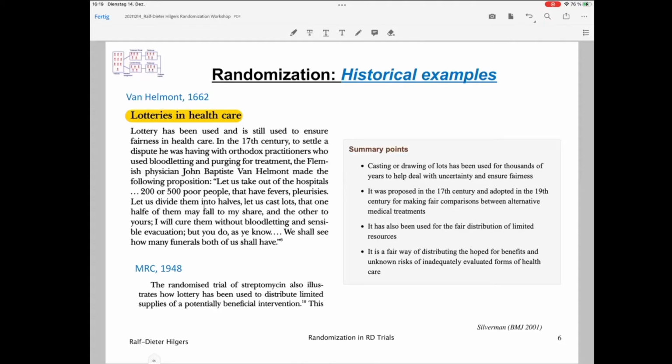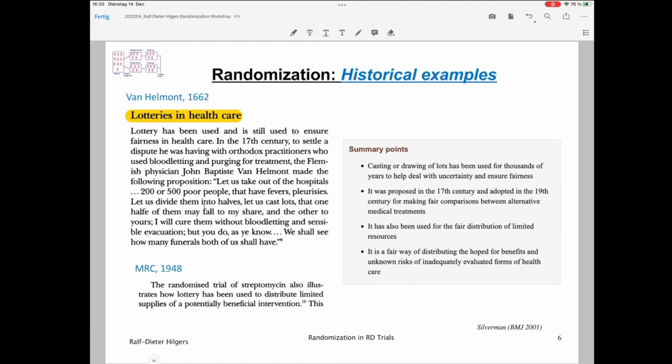So the Flemish physician, Jean-Baptiste van Helmont, suggested in the 17th century: let us take out of the hospitals 200 or 500 poor people that have fever, pleurisy, and let us divide them into halves. Let us cast lots that one half of them will fall into my share and the other in yours. I will cure them without bloodletting and sensible evacuation, but you do as you know.